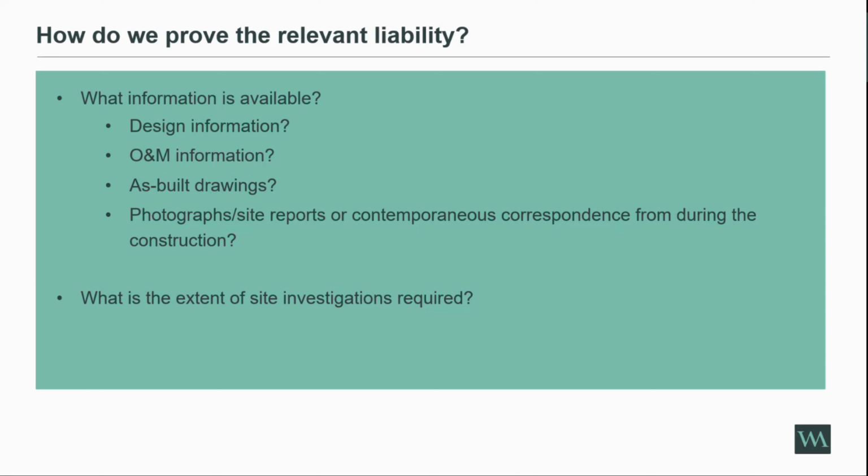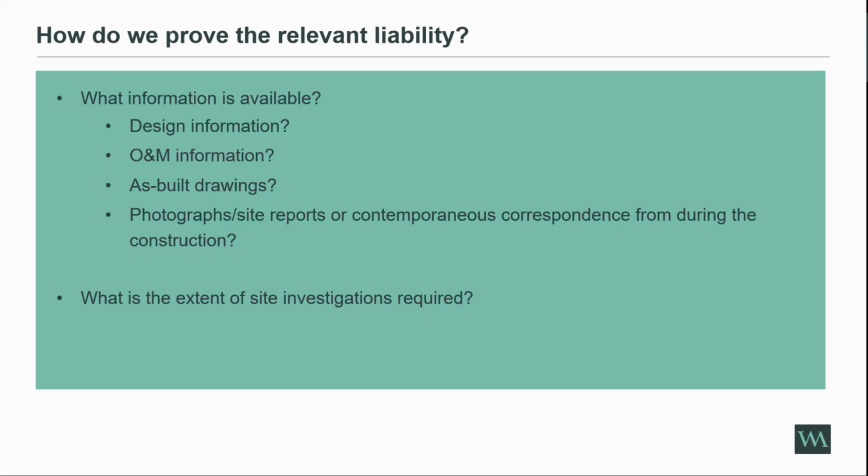And generally speaking, there is no fixed rule on how we demonstrate that defects are present, and also, probably more importantly, how widespread they are and what their extent is. We just need to satisfy a court or an adjudicator that they are there on the balance of probabilities.